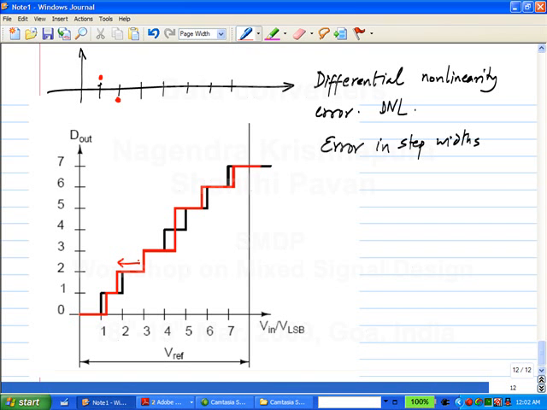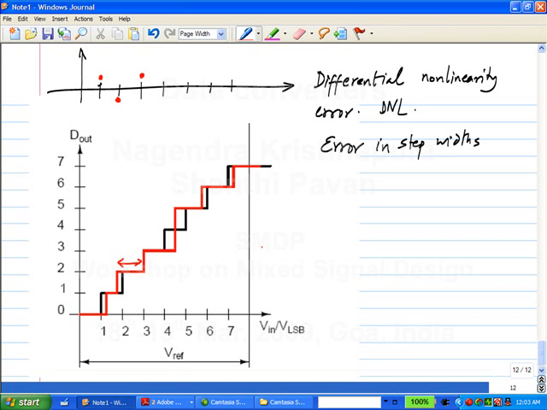It is more than ideal. Okay. We are not looking at the location of where this is. We are only looking at the step sizes. Okay. The step width. And the fourth one is how much? Huh? It is more.